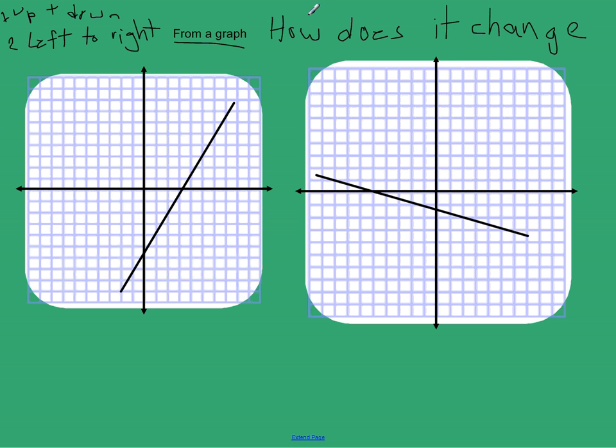Now, what exactly are we looking for in how the graph is going to change? When you're looking at a graph, first thing you want to do is pick a point on this line that hits right at the intersection of your grid paper. So for example, this point right here is right at the intersection of some of my grid paper.